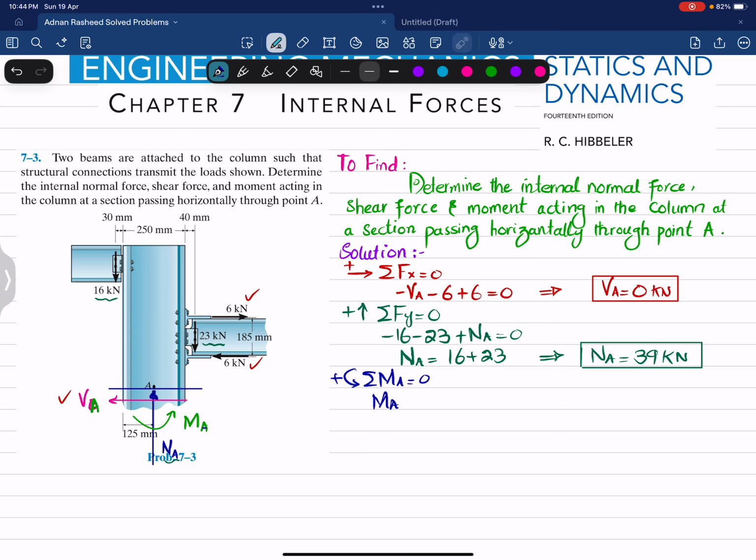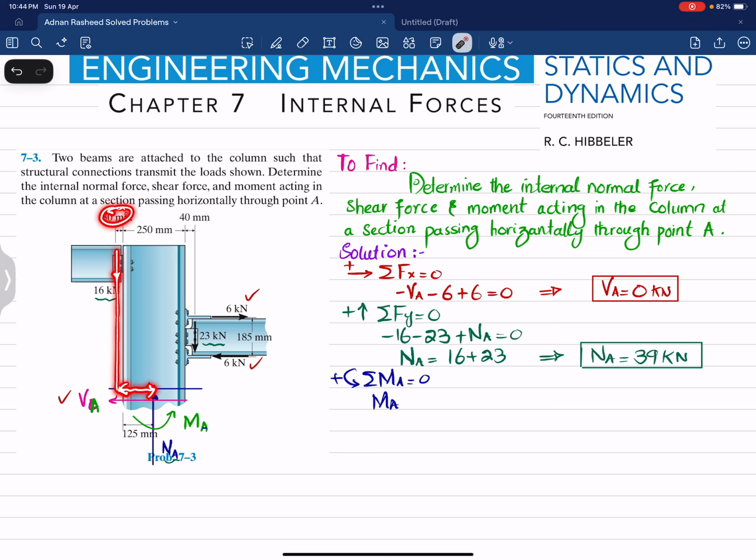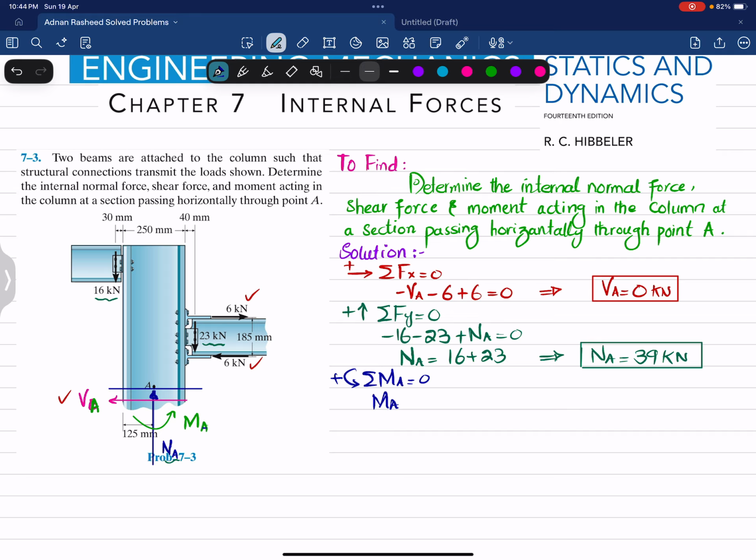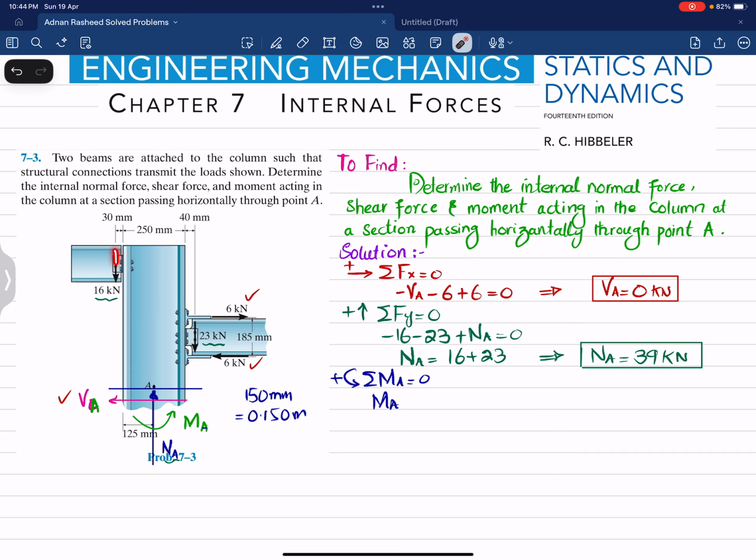The second moment is due to this 16 kilonewton load, and you can see the perpendicular distance between this load and point A is this one, which is 30 plus 125. I will show you this load times the perpendicular distance. This is producing a counterclockwise moment, so it will be taken as positive.